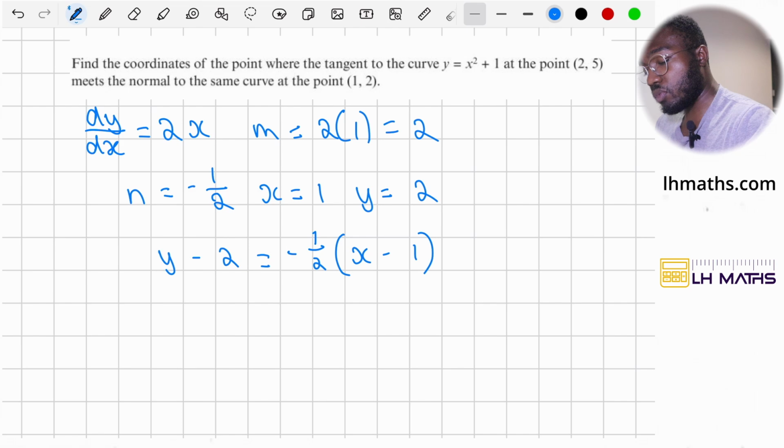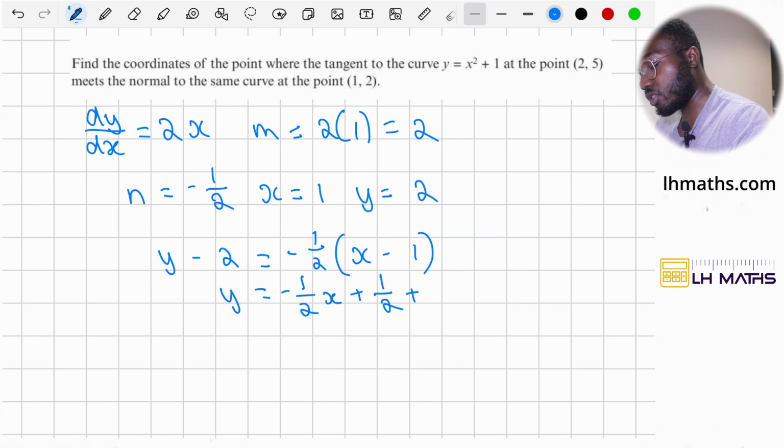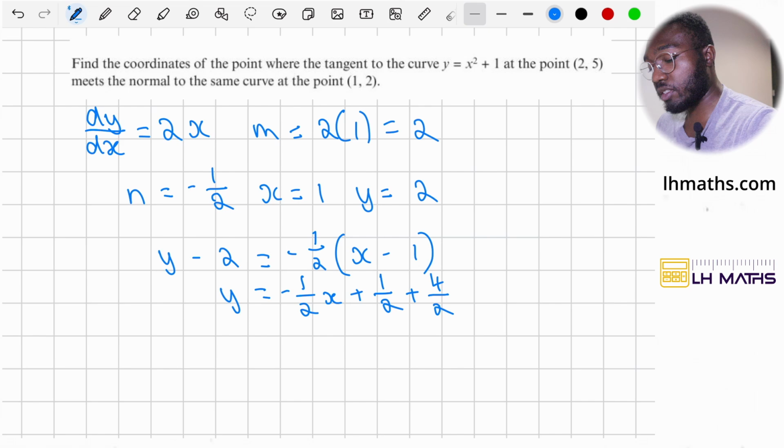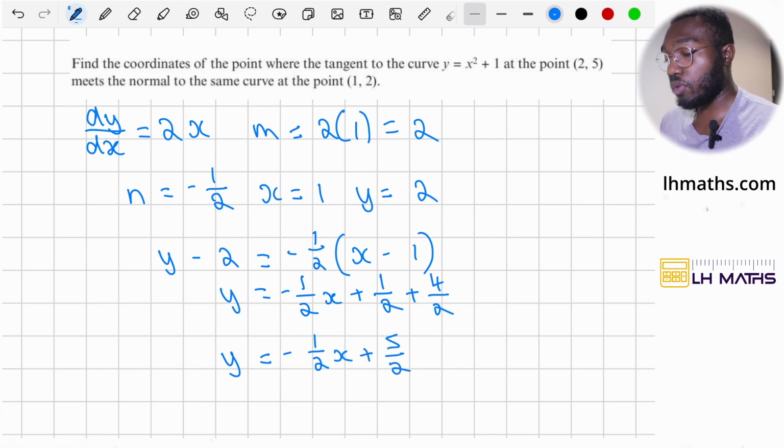If you do that, you get y is equal to minus a half x plus a half. I'm going to add that 2 over to this side, which gives 4 over 2, writing it as a fraction to make it easier to add later. Simplifying, we get minus a half x plus 5 over 2.